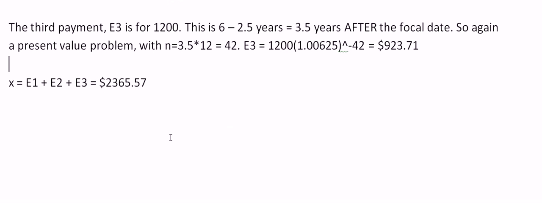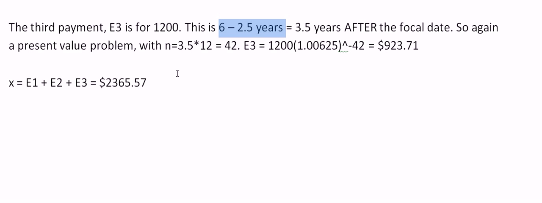The third payment, E3, is for $1,200. That is 6 years into the future, but the focal date is 2.5 years into the future. So the number of years between the focal date and this payment is 3.5 years.